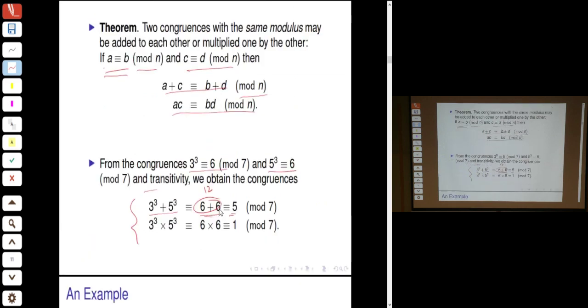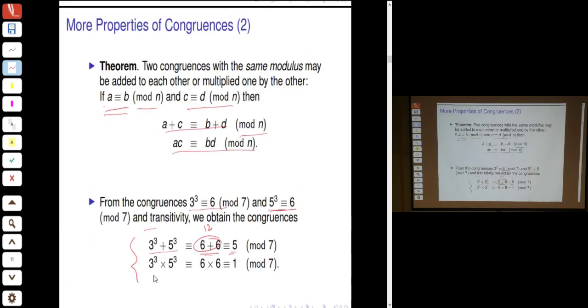Similarly, you can multiply these congruences and get that 3 cubed times 5 cubed is congruent to 6 times 6 mod 7, but 6 times 6 is 36. So, 36 is 1 mod 7.